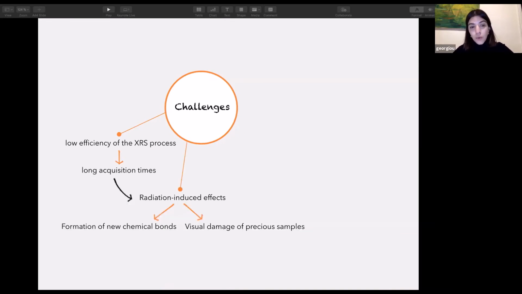But still, especially for organics, we may have radiation-induced effects that will form new chemical bonds or create visual damage in precious samples. So studies have to be made to clarify those aspects.